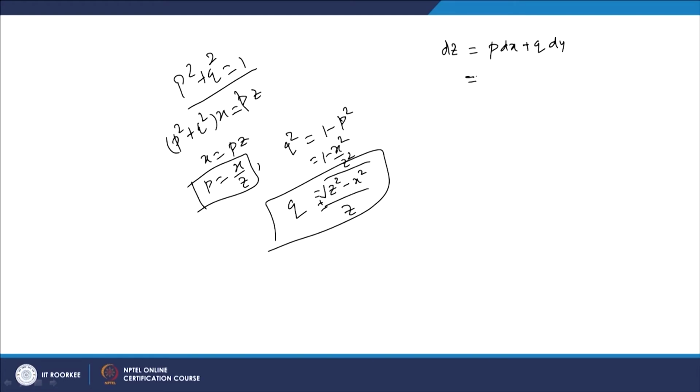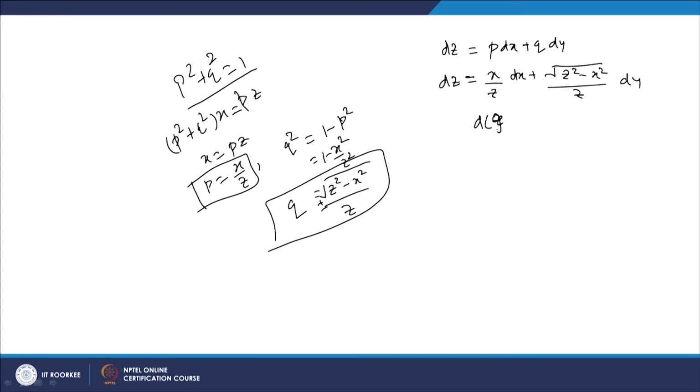So, let us put the value of p, that is x by z dx plus q, which is under root z square minus x square divided by z dy, equal to dz. Now, here we want to show that this equation is exactly integrable, or we can say that this is written as d of something.